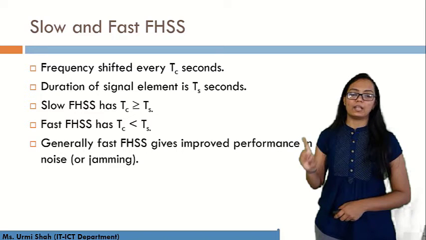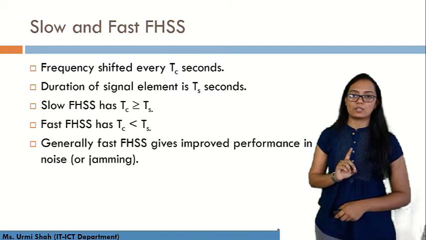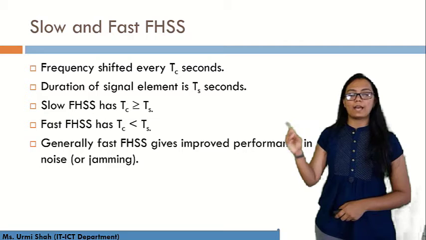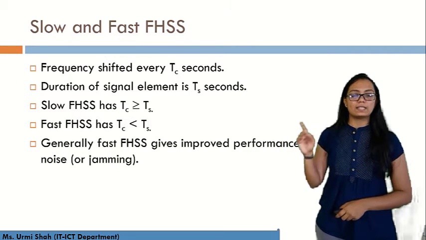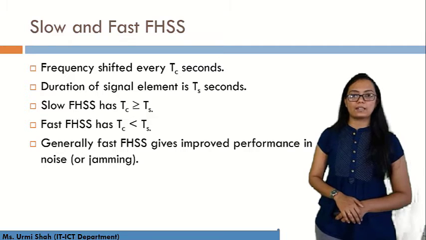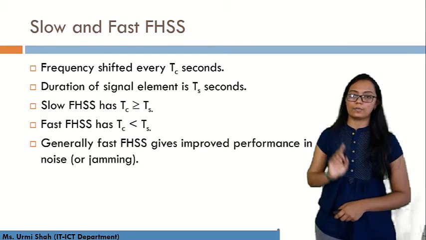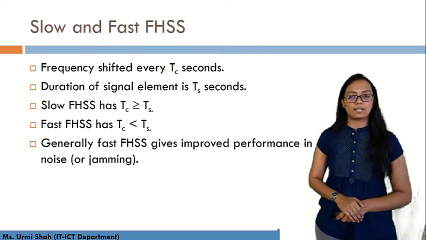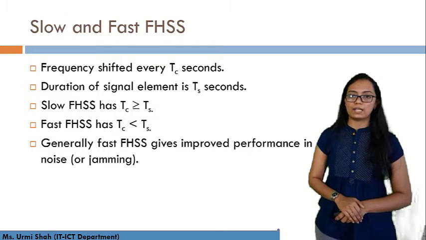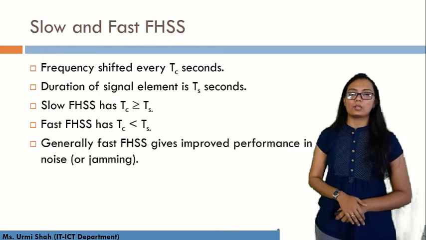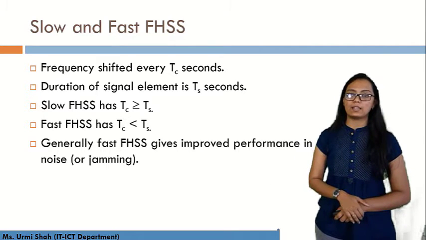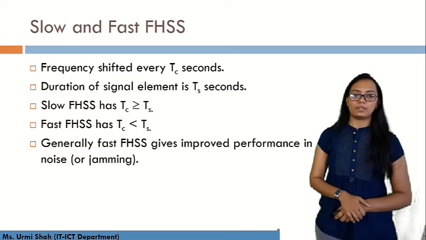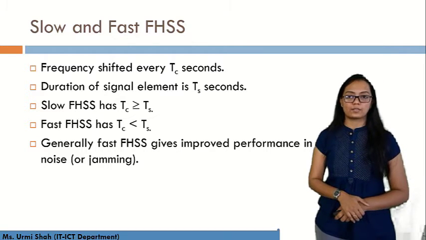Whenever you have a slow FHSS, it means that TC is greater than or equal to TS. TC is your channel time and TS is your signal time. So whenever TC is greater than or equal to TS, your spread spectrum technique is slow frequency hopping spread spectrum.